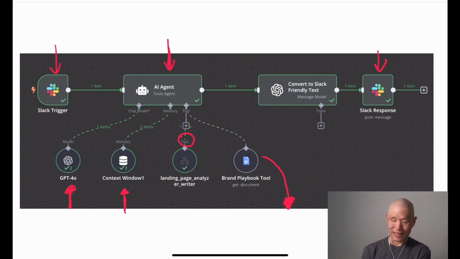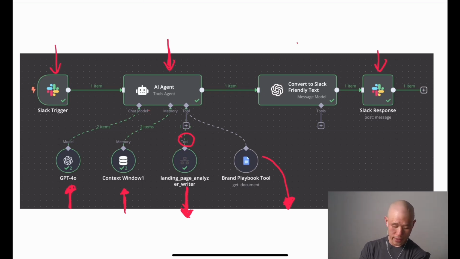And this is what allows it to grab business context specific information in order to have conversations with you about it. And then the second tool is where the magic happens, which is a secondary workflow that also contains an agent that does the breakdown, analysis, and writing of the copy and ideas for you. And so we'll take a look at the architecture of that in just a second.